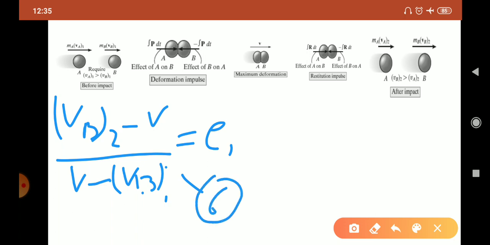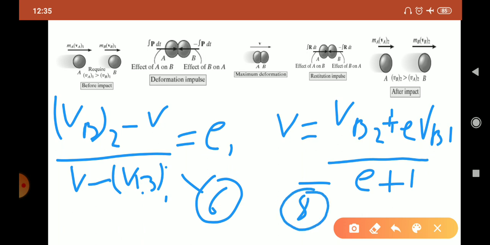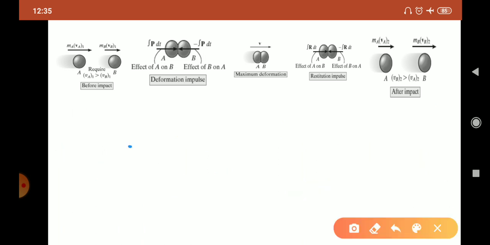From here we'll again get the value of V. So we will get here VB2 plus E VB1 upon E plus 1. Let's say this is equation number 8. So, equation number 7 and equation number 8. When you equate these two equations, finally we will get E, which is the coefficient of restitution.